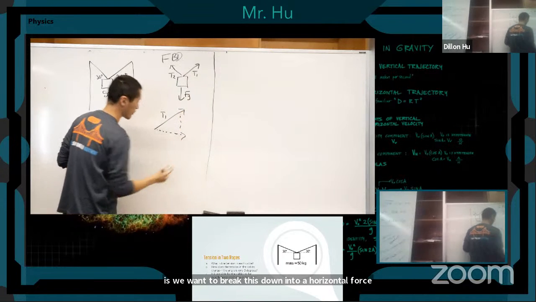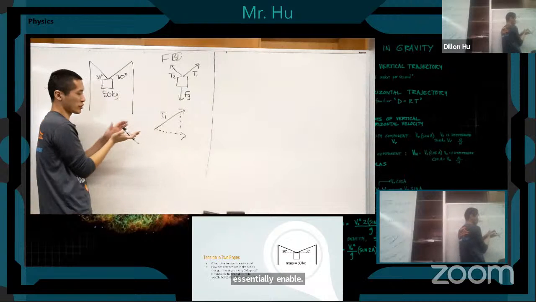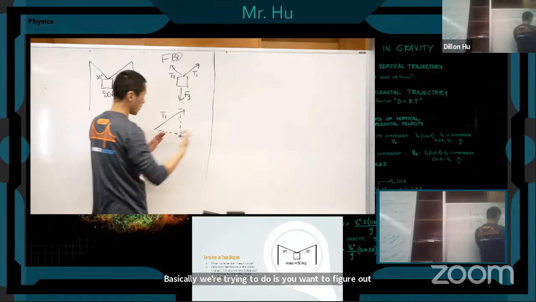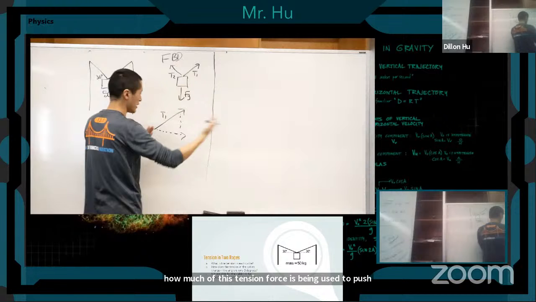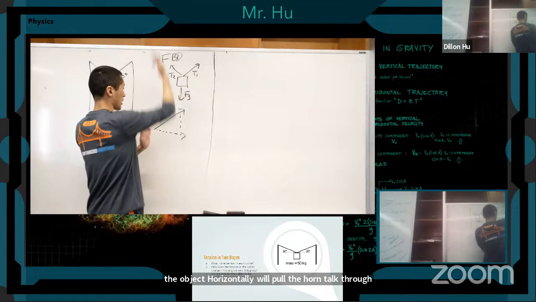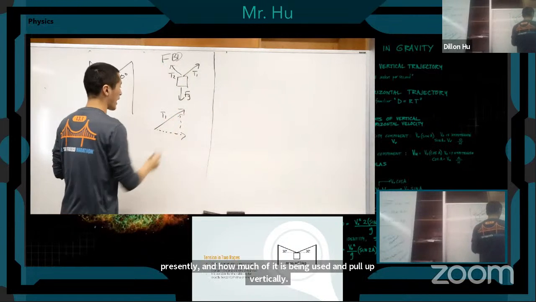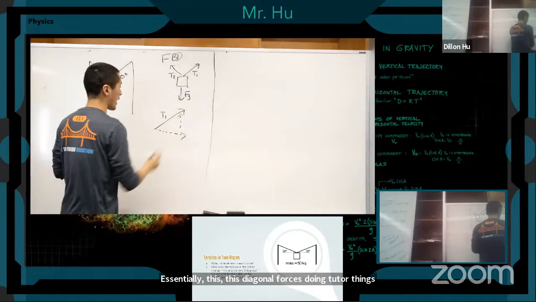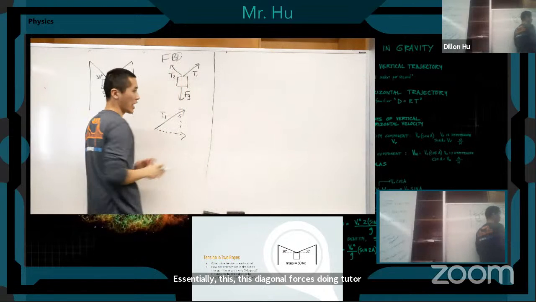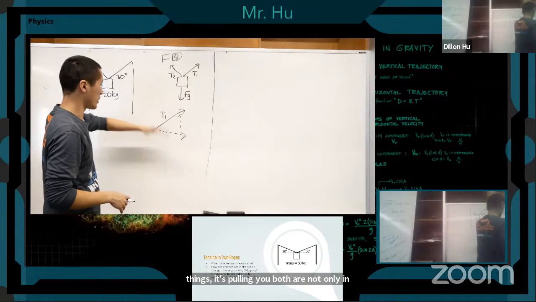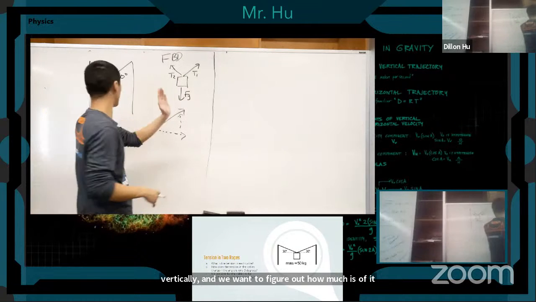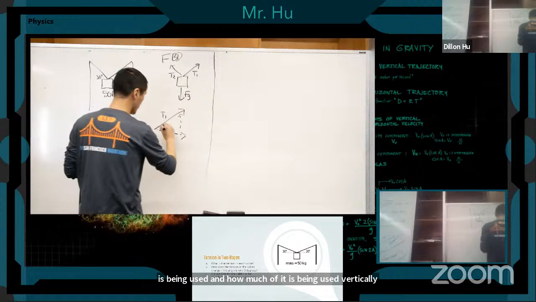Basically, we want to figure out how much of this tension force is being used to pull the object horizontally, and how much of it is being used to pull the object up vertically. This diagonal force is doing two different things: it's pulling both horizontally and vertically.